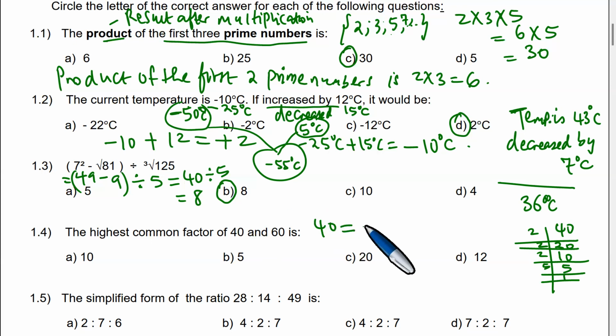So 40 is the same as 2 times 2 times 2 times 5. 2 times 2 is 4, times 2 is 8, and 8 by 5 is 40.